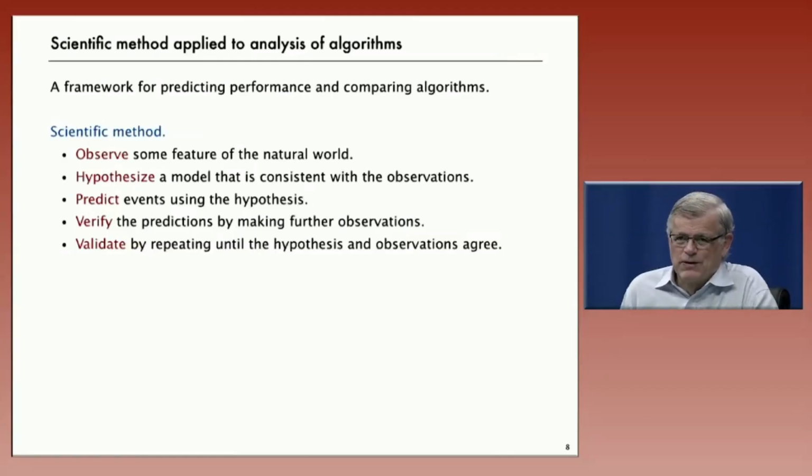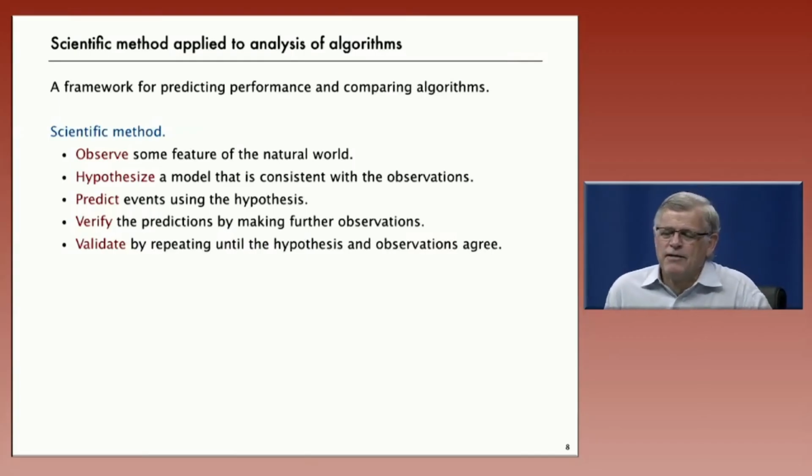This is just a quick summary of what we mean by the scientific method, which has been successful for a couple of centuries now. What we're going to do is observe some feature of the natural world. In this case, it's going to be the running time of our program on a computer. Then we're going to develop a hypothesis, some model that's consistent with the observations.